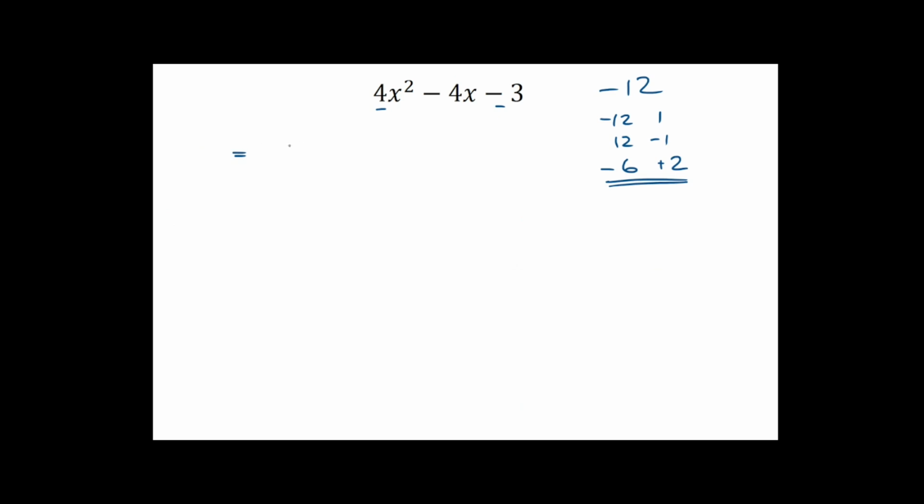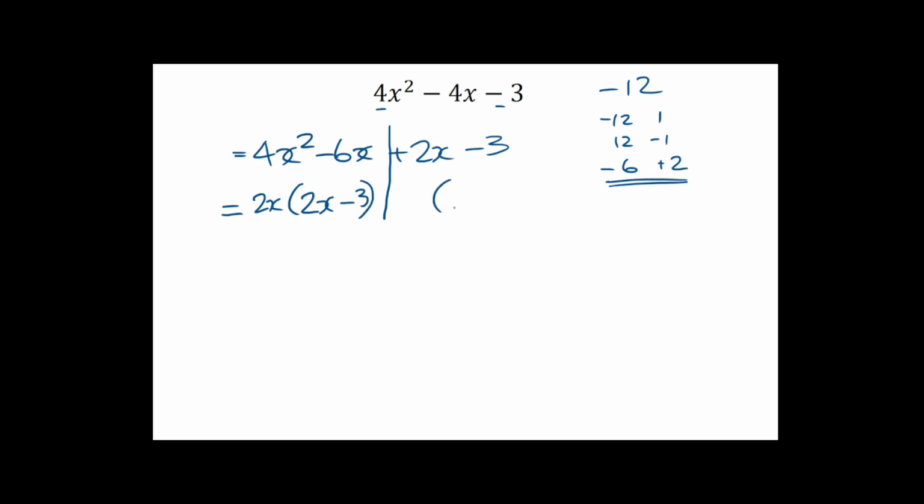So I'm going to rewrite this. Okay, so you see it's the same. I'm going to put a partition there. Now, is there something that both of these have in common? Well, they're both multiples of 2x, and that is 2x minus 3.